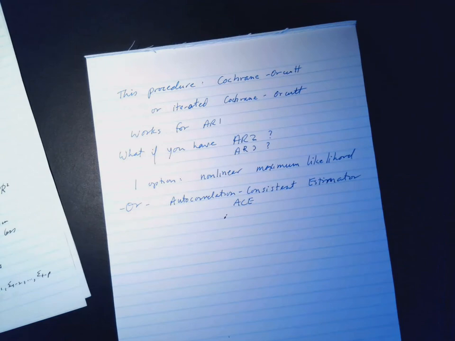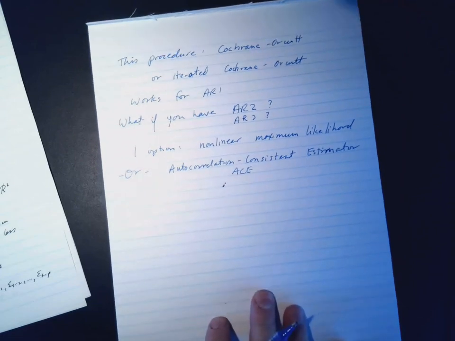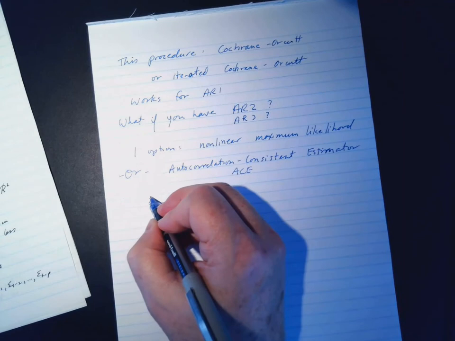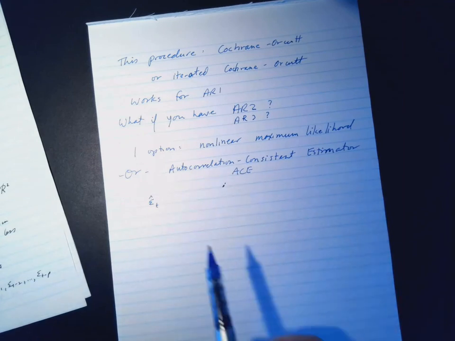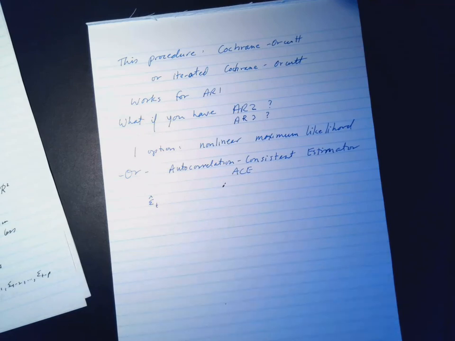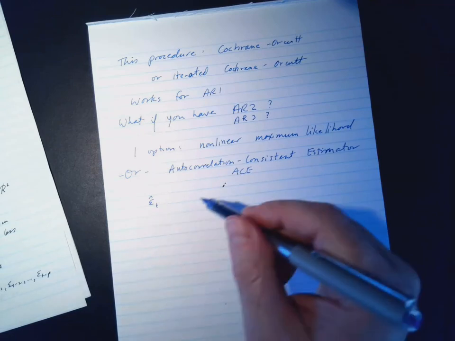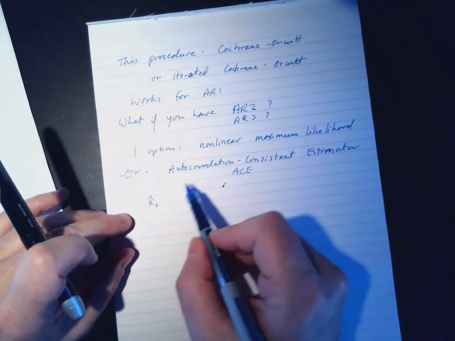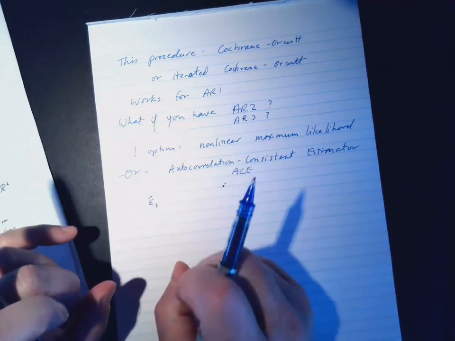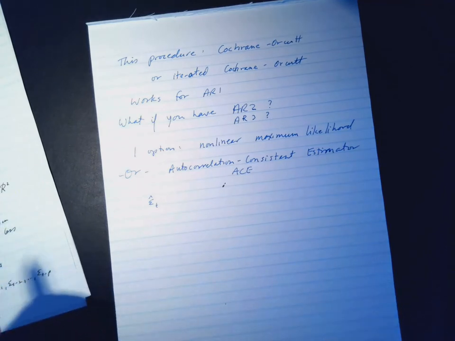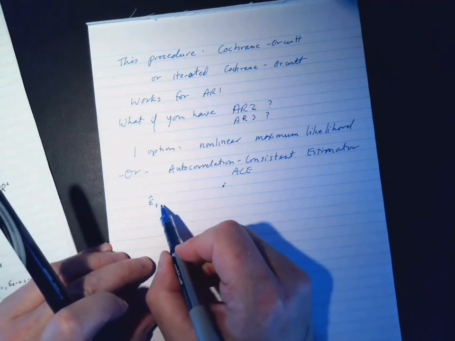Well, remember last time we talked about how these error terms, the residuals from the regression, they are consistent estimators of the OLS error terms. And so you can use these residuals to construct a consistent estimate of the variances of the beta coefficients.